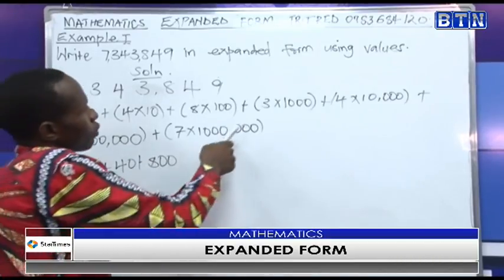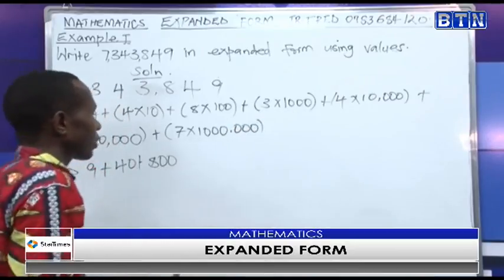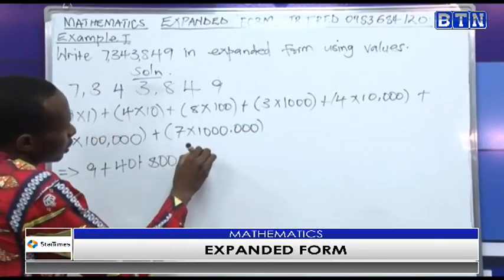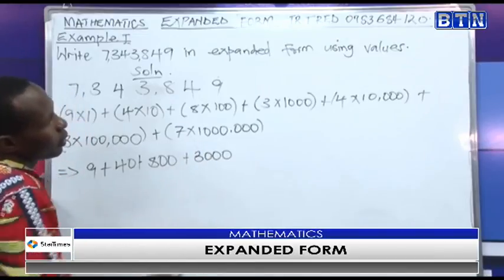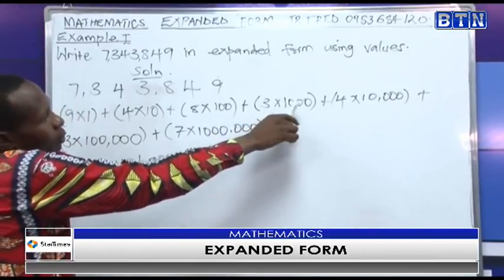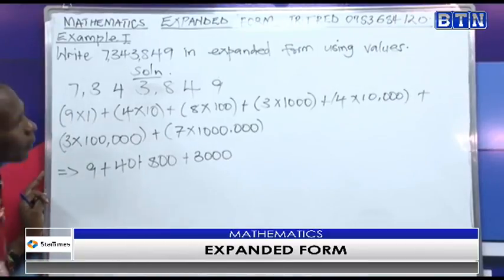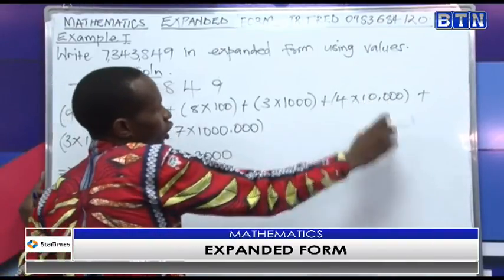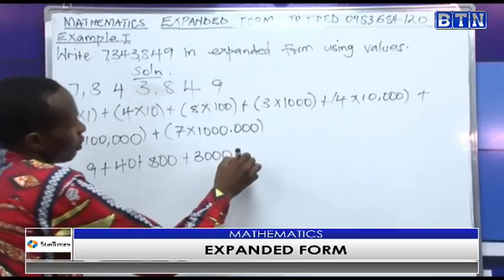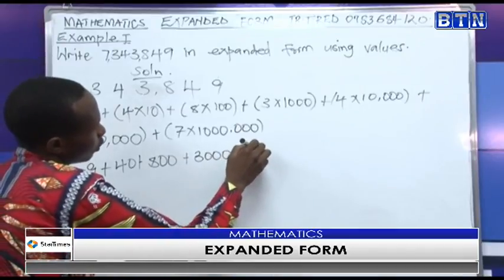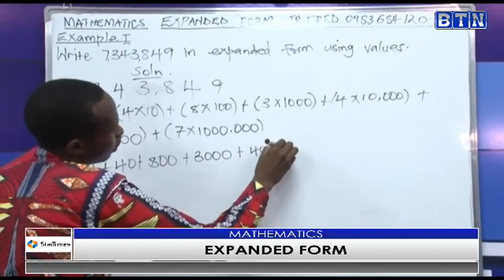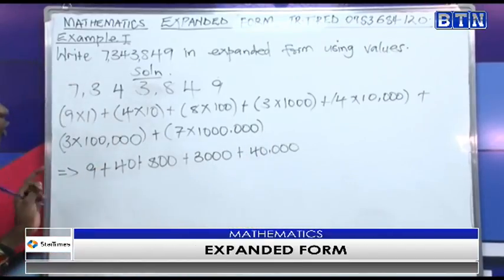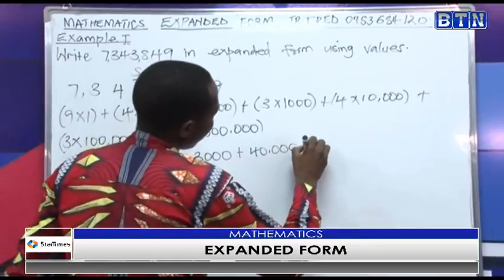Then from there, I'll also say 3 times 1,000, which will give us 3,000. So we shall add more 3,000. This 3,000 is coming from here, 3 times 1,000. Then from there, we shall say 4 times 10,000. So I'll say that will give us 40,000. From there, we shall proceed and say plus.